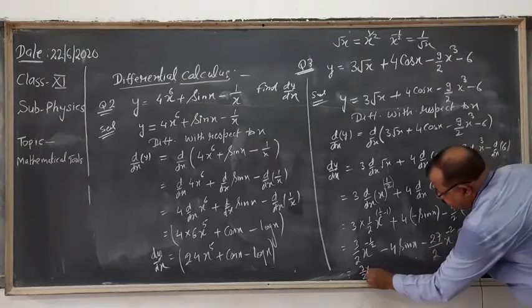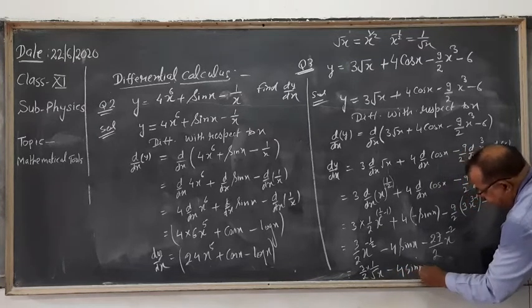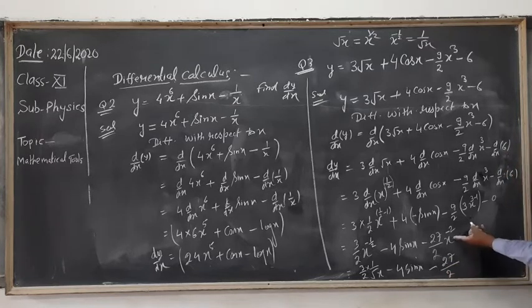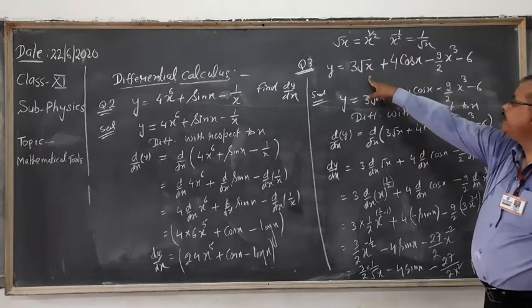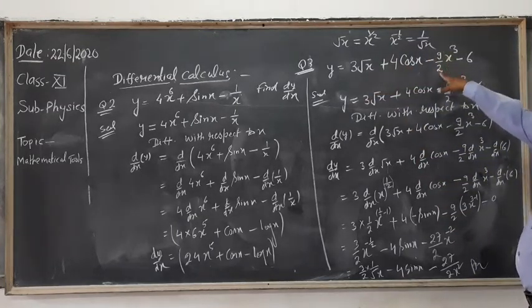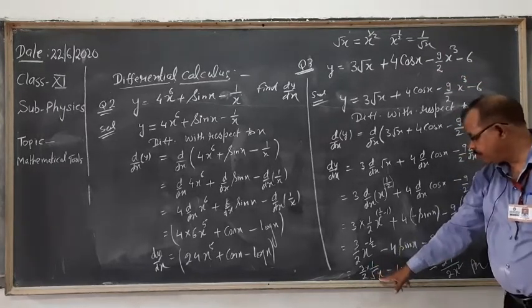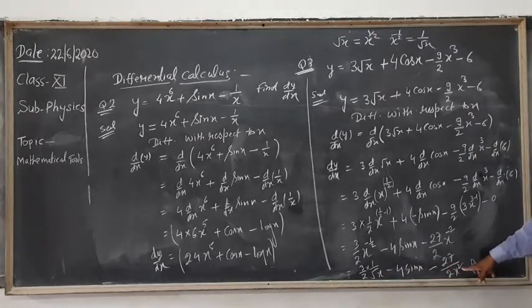So this is 3 by 2 root x minus 4 sin x minus 27 by 2 and x to the power 2, which is 1 by x square. This is the answer. The question was y equals 3 root x plus 4 cos x minus 9 by 2 x cube minus 6. Its answer is 3 by 2 upon root x minus 4 sin x minus 27 by 2 x square. Okay, so this was the question.